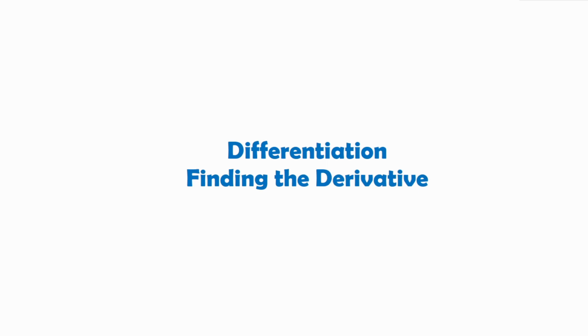values of x, but we need to start off with a general rule, a basic rule for differentiation and finding the derivative. So we're going to start off by saying that the basic rule for differentiating a function, let's call this function f of x, and we'll say it's equal to x to some power n, which we'll say that n can be any real number.